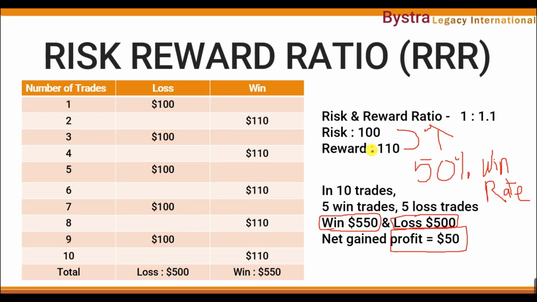So guys, remember, whenever you measure, your reward must always be higher than the risk. It doesn't matter that the reward is only 10% higher than the risk, which is $10 higher. As long as the reward is higher and the risk lower, you are considerably safe.